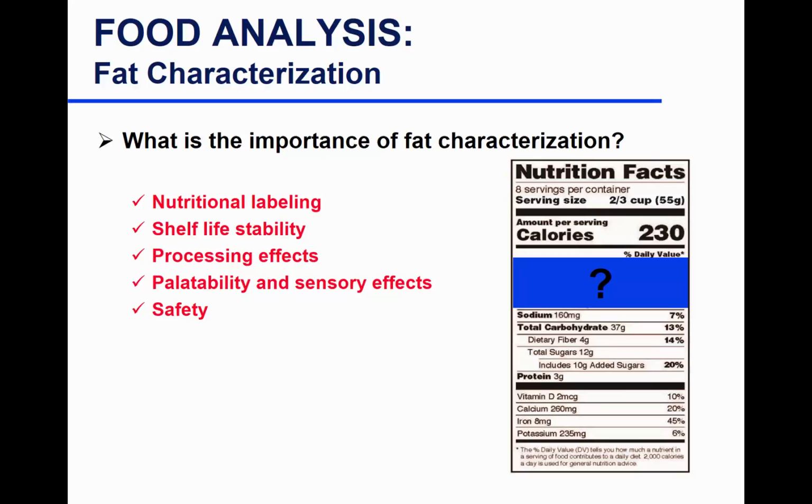Okay, so processing effect. Like I said earlier, hydrogenation of oil to make vegetable butter or margarine. In hydrogenation, you're actually changing the degree of saturation. As a measure of how efficient your hydrogenation process was, you can measure iodine value before and after hydrogenation.